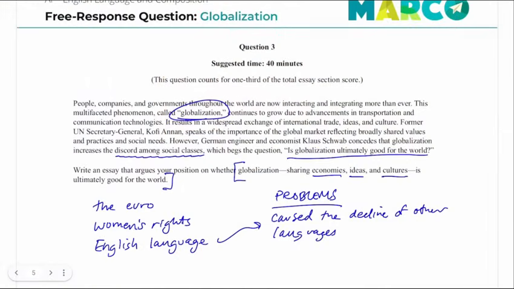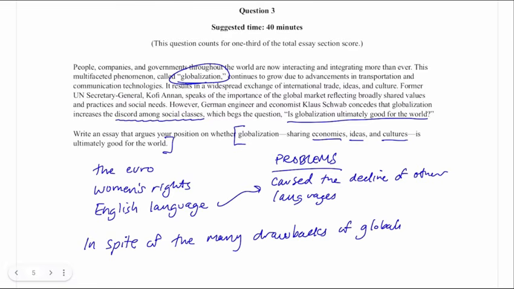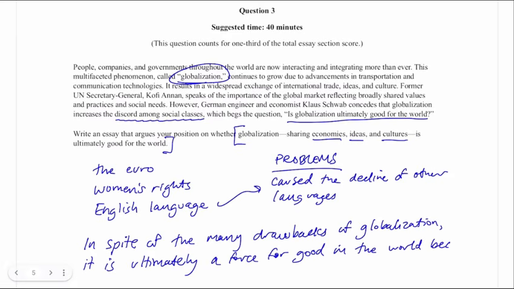So I'm going to say, and here I can use this language of "in spite of." So in spite of the many drawbacks of globalization, it is ultimately a force for good in the world because, now here I want to get this right, because I'm establishing a line of reasoning.